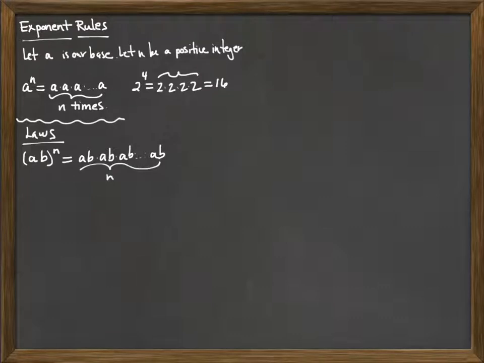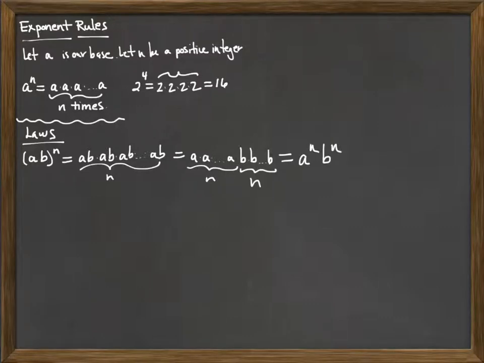If we rewrite so that all the a's are together and all the b's are together, we have a multiplied to itself n times, and b multiplied to itself n times. We've just separated the two. And that becomes a to the n, b to the n.